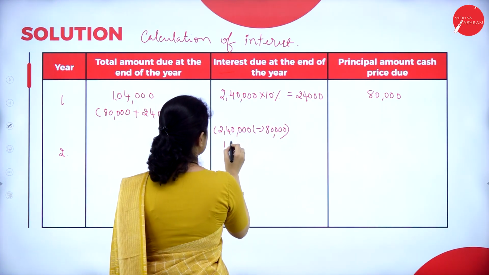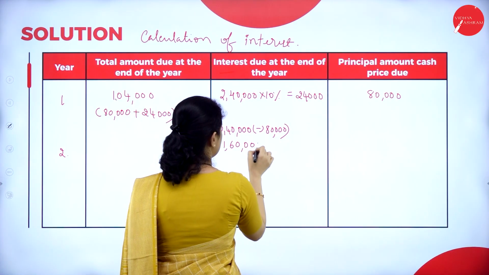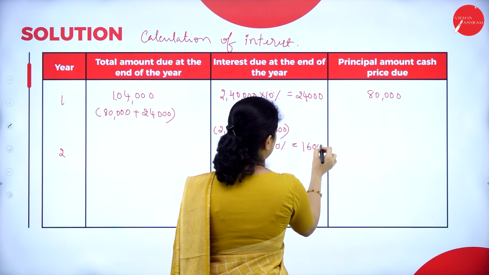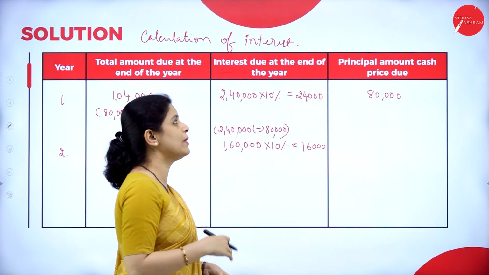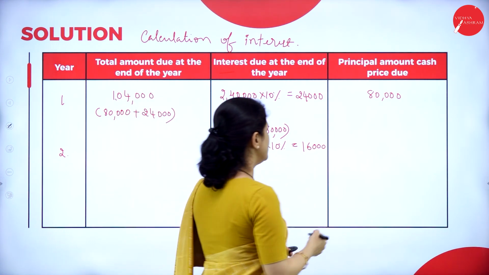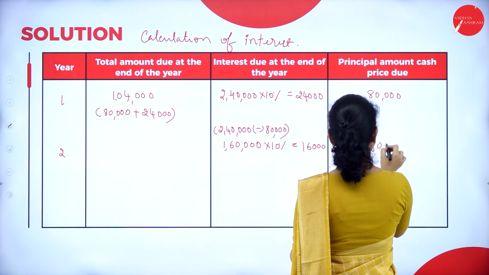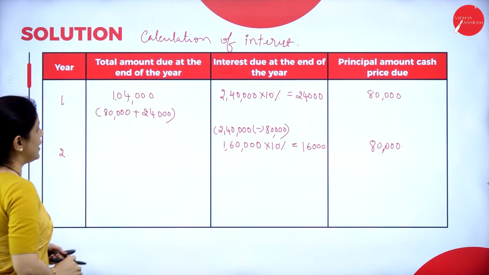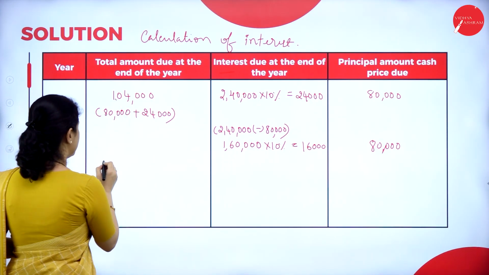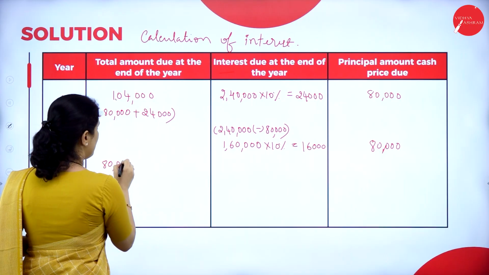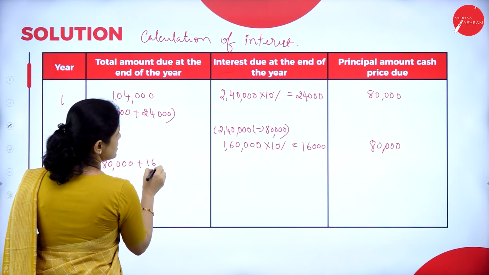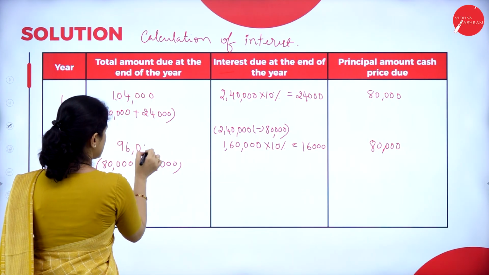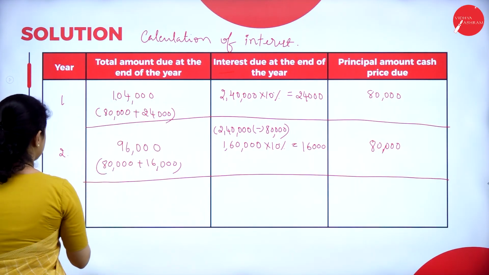It is 1,60,000 into 10%, that is 16,000. So what is the principal amount or cash price due? That is 80,000. Now total amount due at the end of the year, how to calculate it? 80,000 plus the interest, that is 16,000. It will be 96,000.